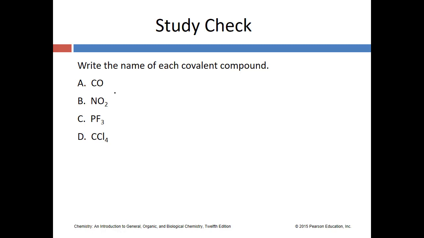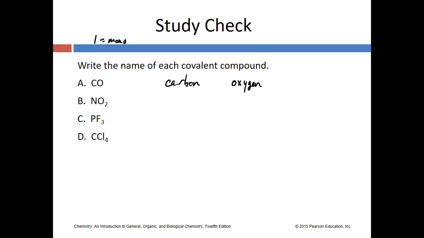So in letter A, here I know I have carbon and I have oxygen. Now I have one of each of those. And so the prefix for one is mono.